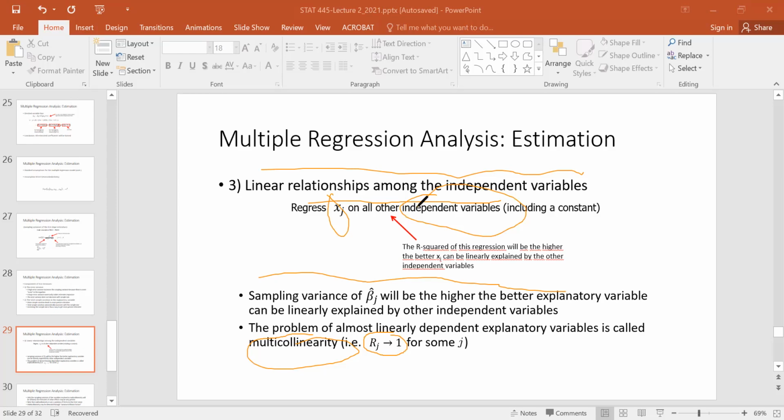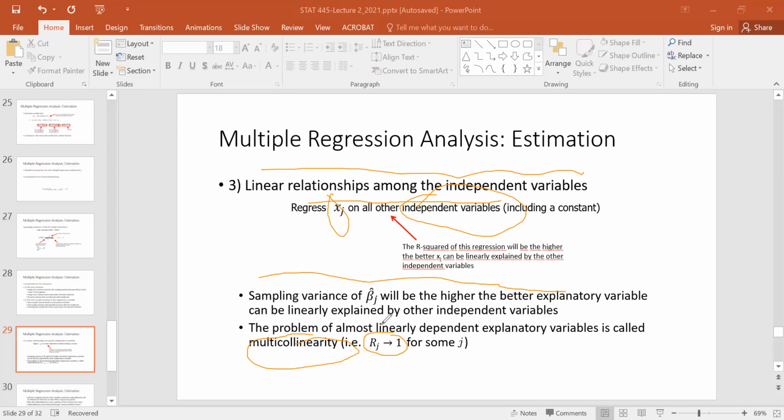Okay, I'm saying that we don't want a perfect collinearity. That has been ruled out. We are saying some relationship or correlation is allowed, but an extremely high relationship where the r squared j is approaching 1, or r is approaching 1, is not good. And that problem is called multicollinearity.